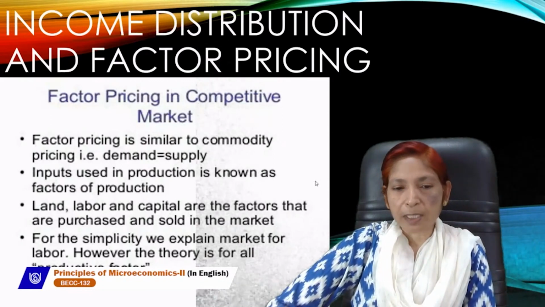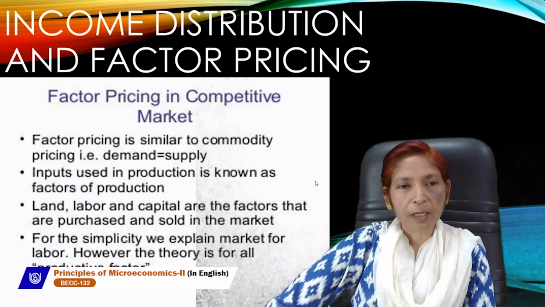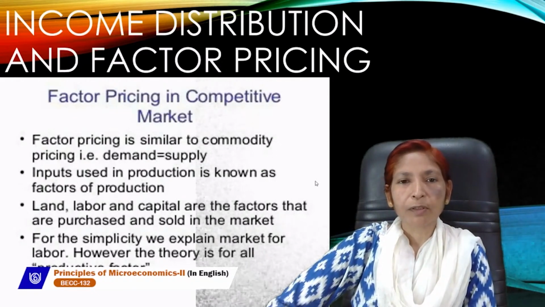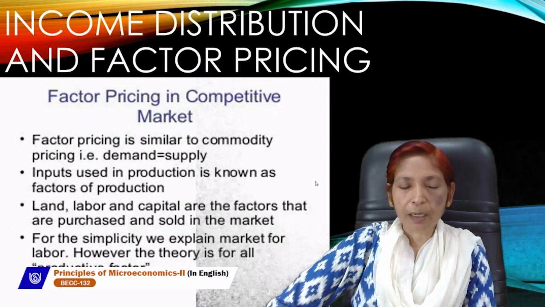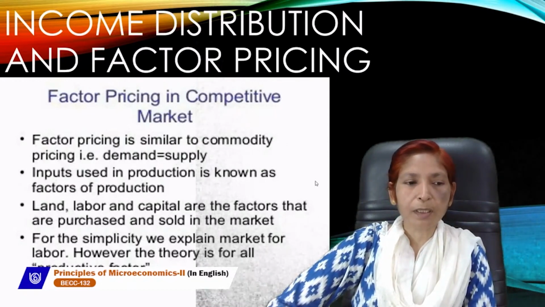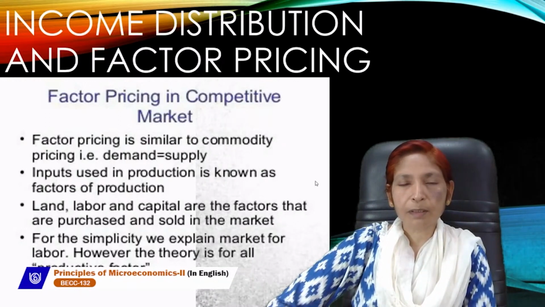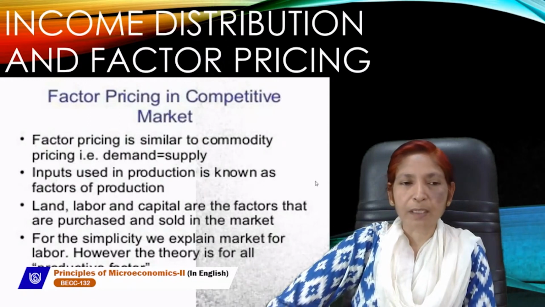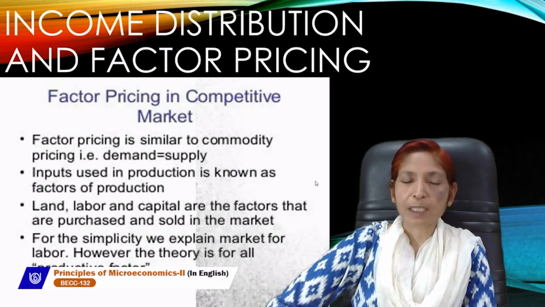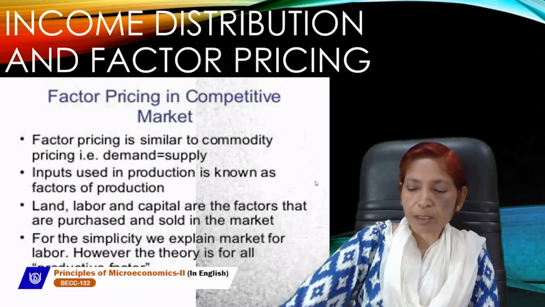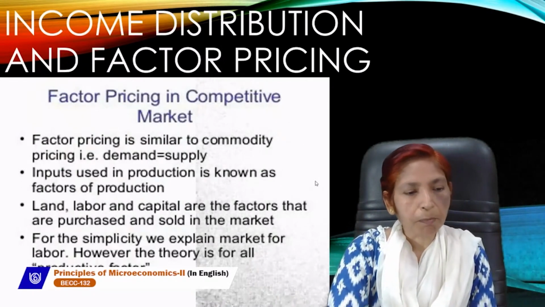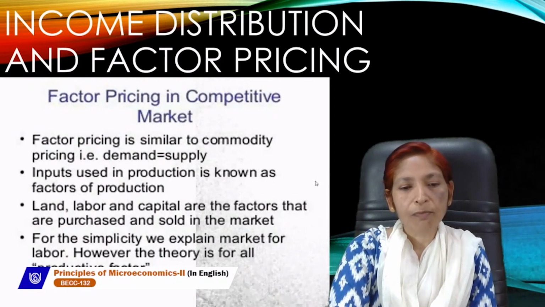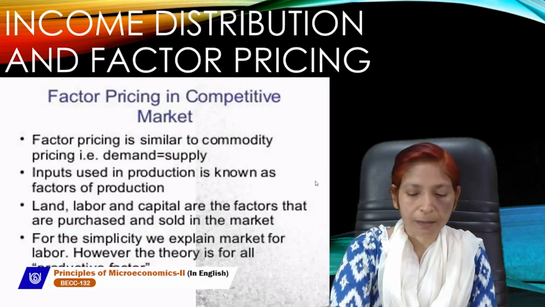Factor pricing theory gives us the explanation of the determination of factor pricing and how income is distributed among land, labor, capital, and entrepreneur. For simplicity, we explain the market for labor. However, the theory is for all productive factors.